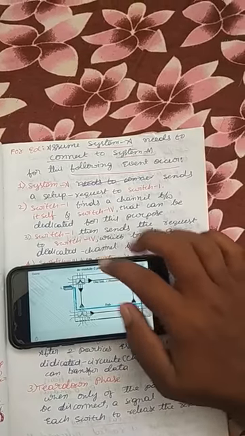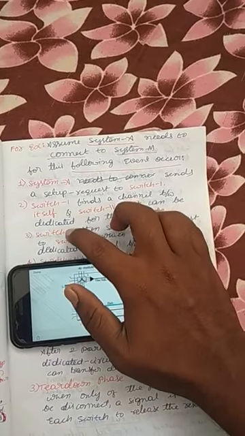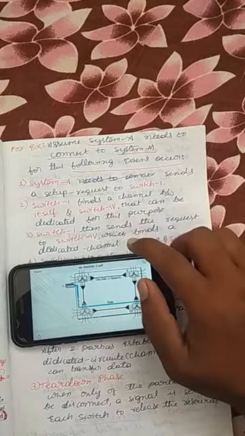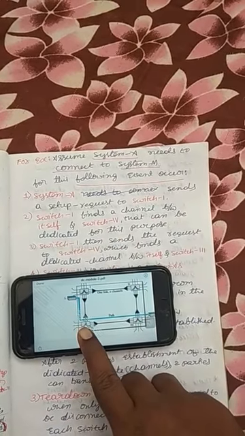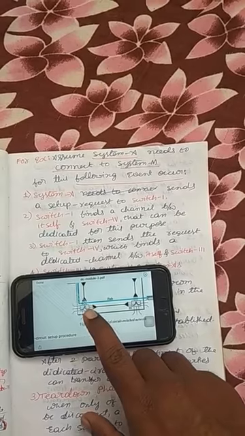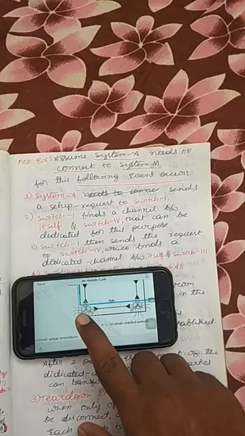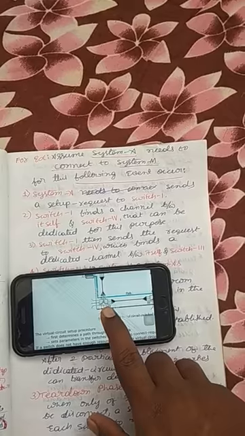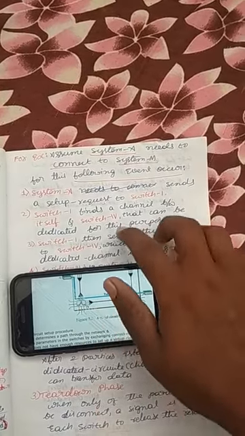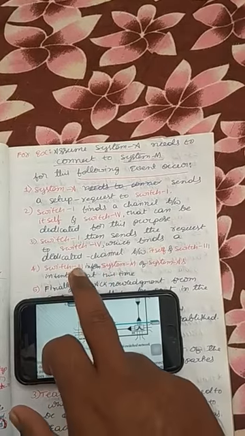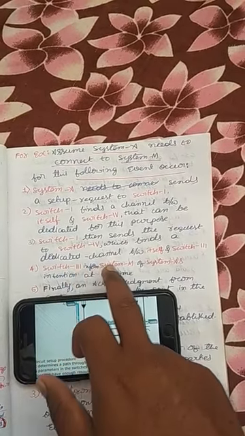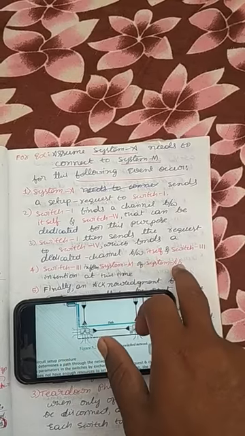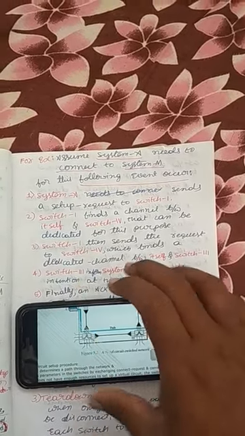Means after sending the request from switch 1 to switch 4, this switch 4 will find the channel between switch 4 and switch 3. Then this switch 3 informs system M of system A's intention at this time.